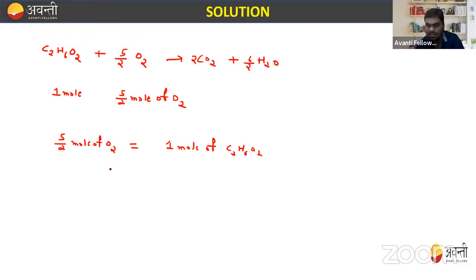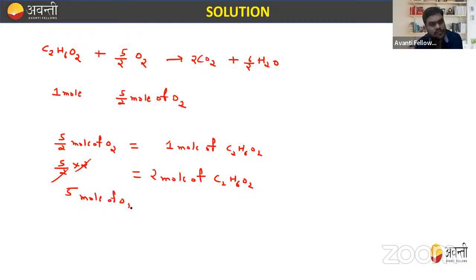How much is required? 1 mole of this compound requires this, so 2 moles of this will require 5/2 into 2. The 2s cancel. That is 5 moles of O2.